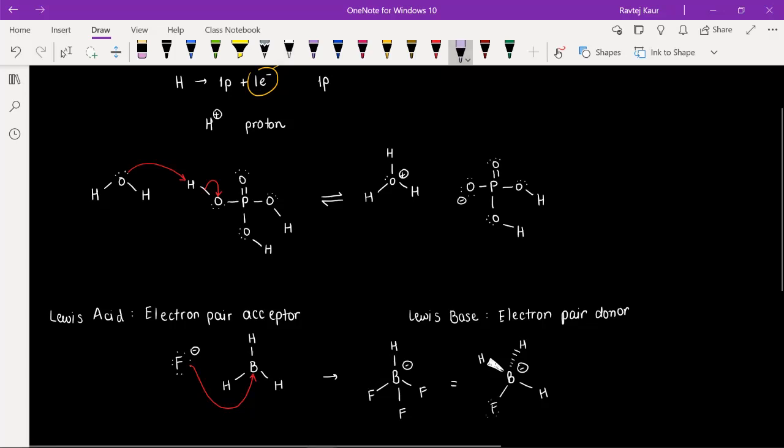Now here, if you are not familiar with this drawing, the dashed bond means it is coming into the plane of the page. And the wedged one means the bond is coming out of the plane of the page.